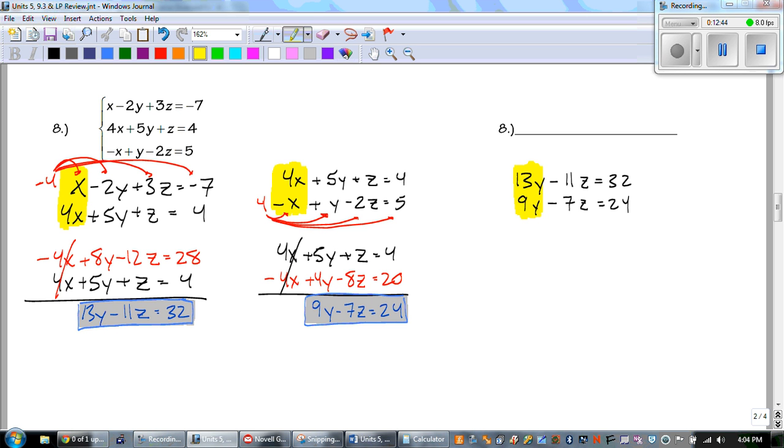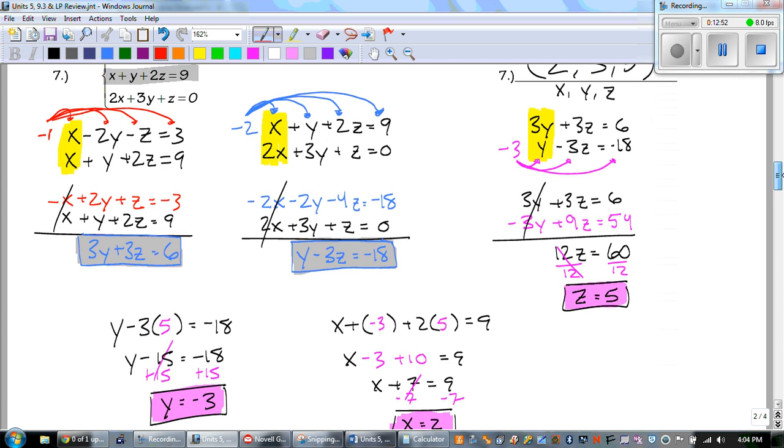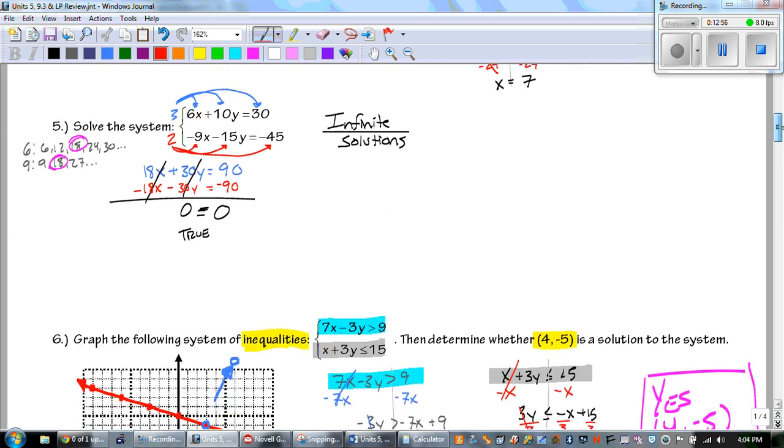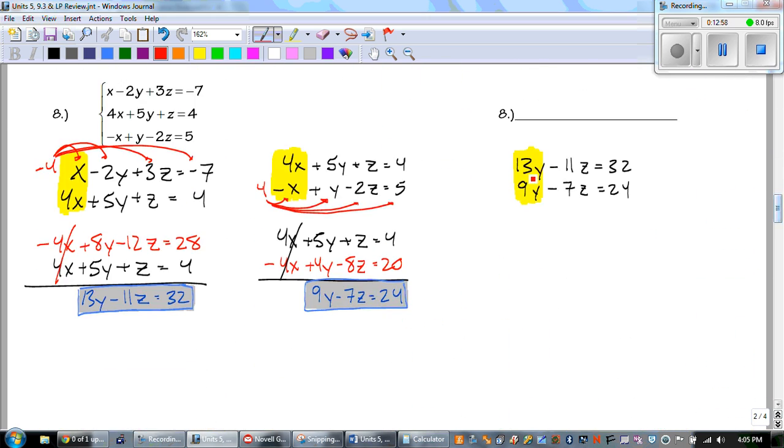Now, if you cannot think of a number that goes into both 13 and 9, a multiple, kind of like how we did up here with the multiples of 6 and 9, in number 5, a fast way to do that is I can multiply the bottom by 13 and the top by 9. I just kind of stole those numbers, okay?